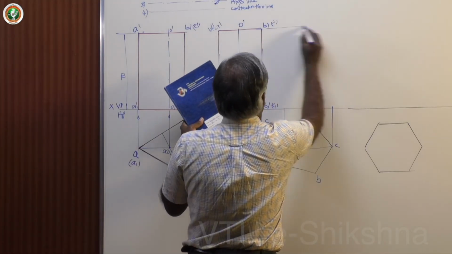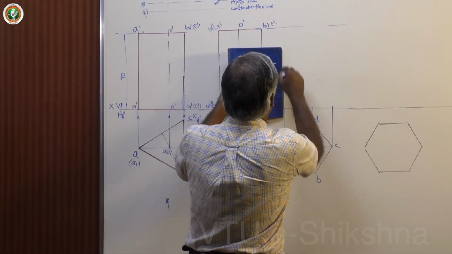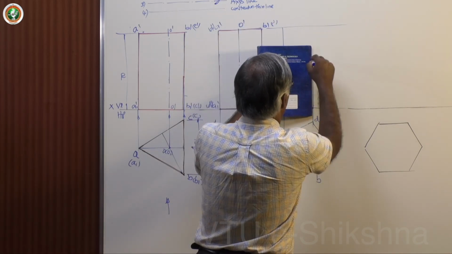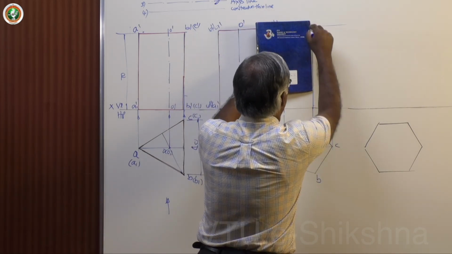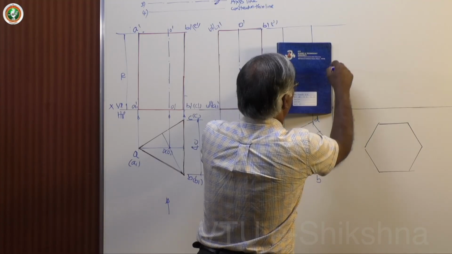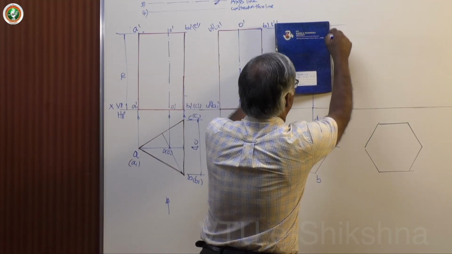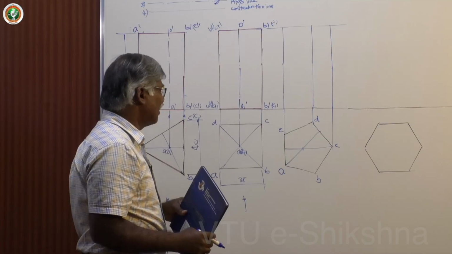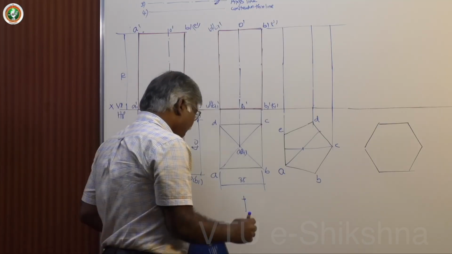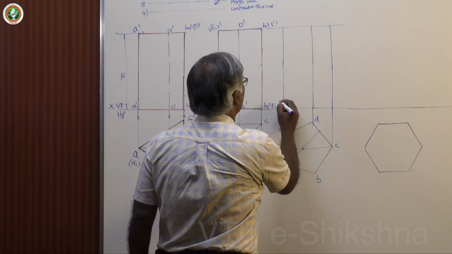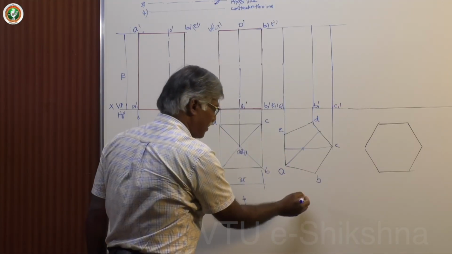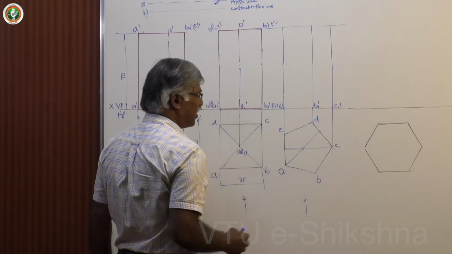Let me assume same height. In case of computer, you can directly use the 0.5 thickness and draw. Now let me name A1 dash, B1 dash, C1 dash visible points from this left extreme nearest corner.